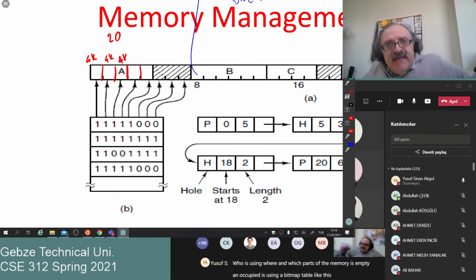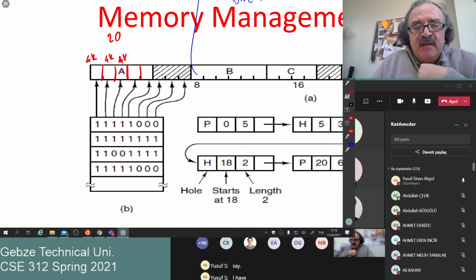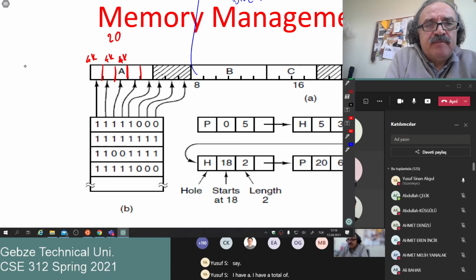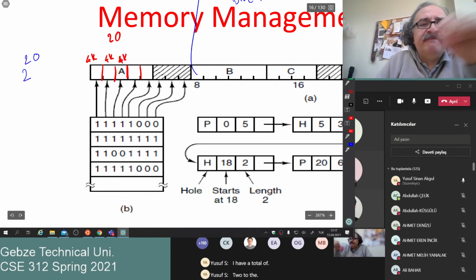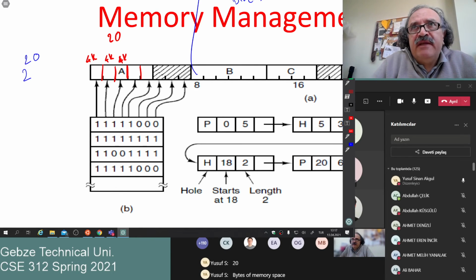So let's say I have a total of 2 to the 20 bytes of memory space. 2 to the 20 is 1 megabyte, right?